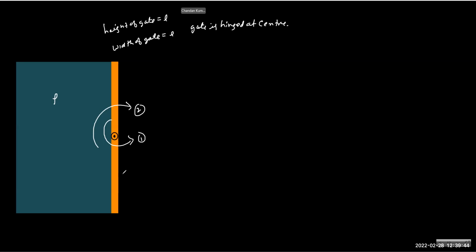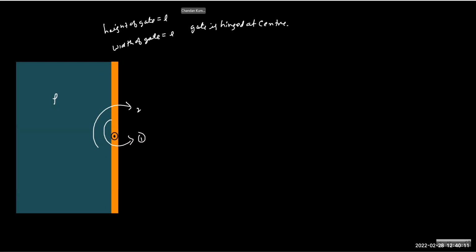If I release the gate, one. One, correct. Because as you go to the bottom, the pressure will be more. So below this hinge, we have greater pressure, and above we have less pressure. So the force at the bottom will be bigger than the force at the top, and therefore the net torque is bound to be in that direction.